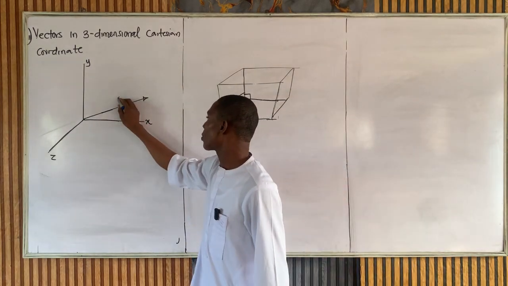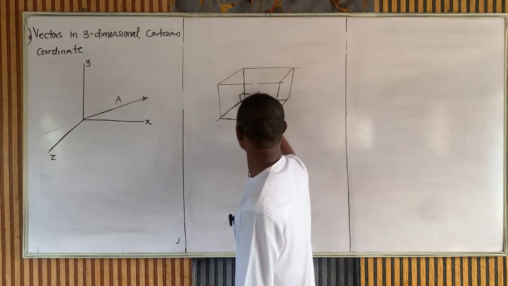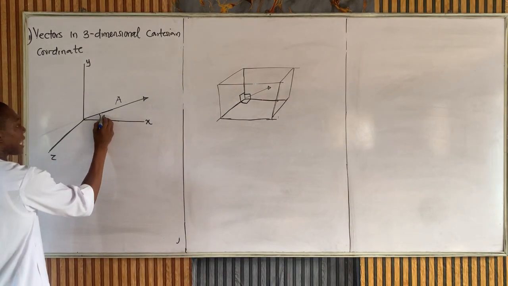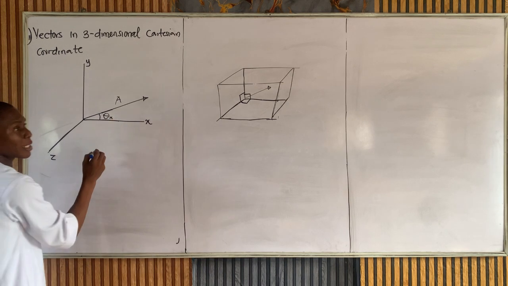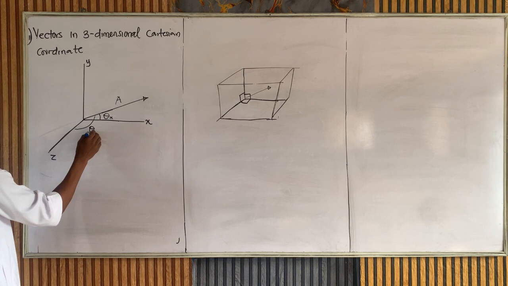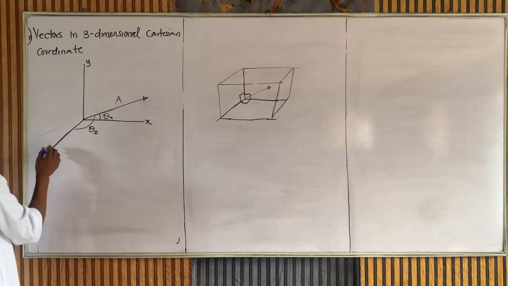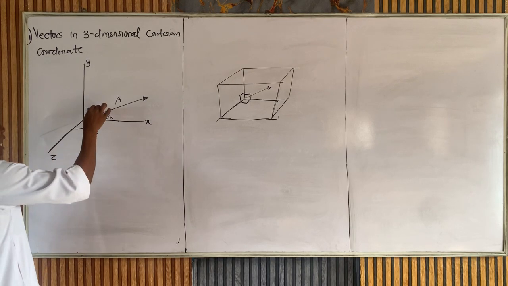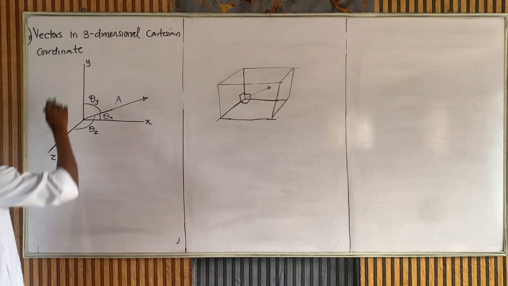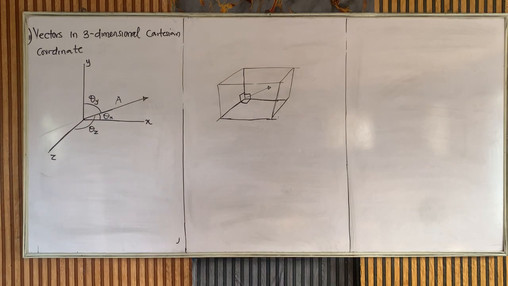Let's say we have a vector now, a vector that protrudes out of here. Let's say this vector A makes an angle of theta x to the horizontal, an angle of theta z to the z axis, and an angle of theta y to the y axis or to the vertical.